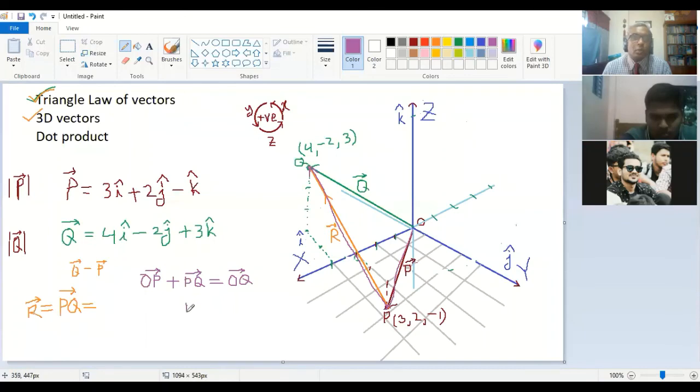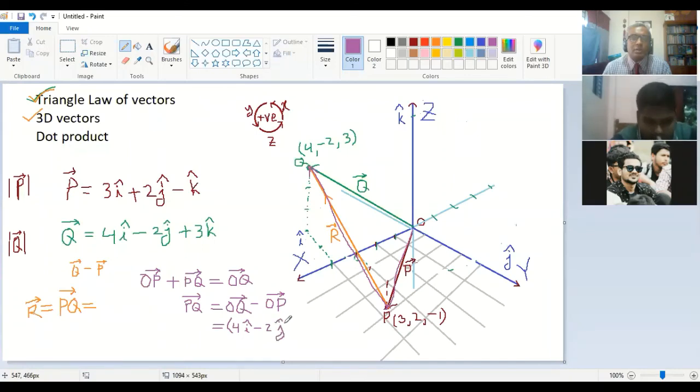So you actually want to find the PQ side. You write the PQ side on the left side and write OQ, which is now on the right side, and then minus OP. So what is your OQ? The OQ vector is actually your Q vector, which is 4i minus 2j plus 3k.